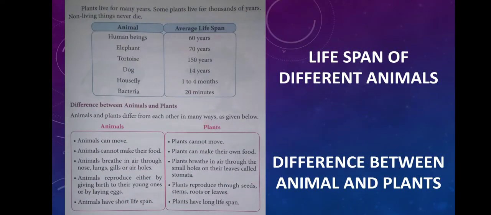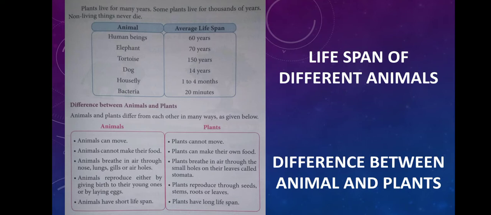On the next page, we can see the lifespan of different living animals. Human beings live for 60 years, not exactly 60, maybe 70, maybe 80, but 60 is the average. Elephants live for 70 years. Tortoises live for 150 years. Dogs live for 14 years.